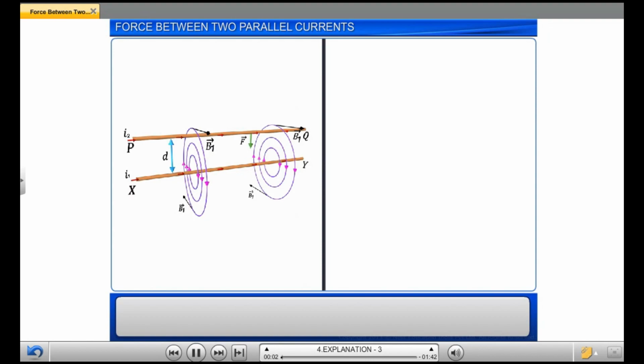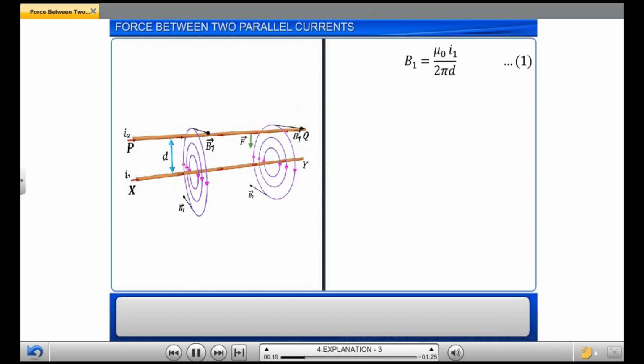The magnitude of magnetic induction at any point along conductor PQ due to current in conductor XY is B1 equals mu naught I1 by 2 pi d. Let this be equation 1.